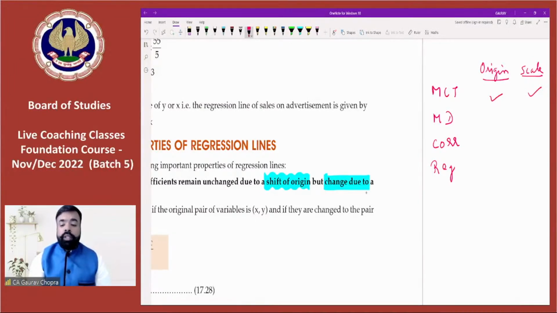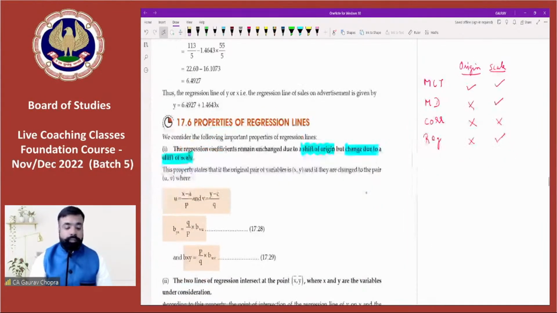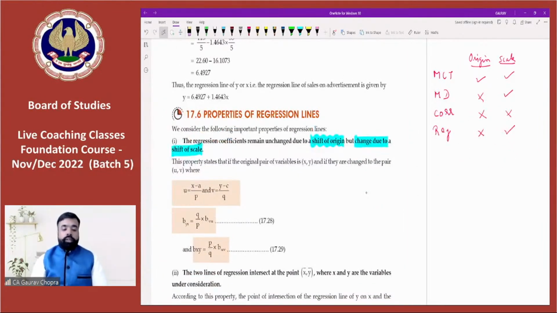In dispersion, only scale, no origin. In correlation, no effect of origin and scale both. In regression, no effect of origin, but due to scale, regression will get affected. So this is the summary you must always remember, and many times such questions come in the exam.